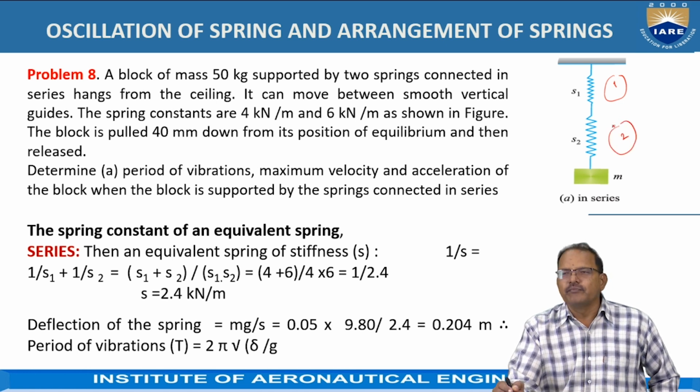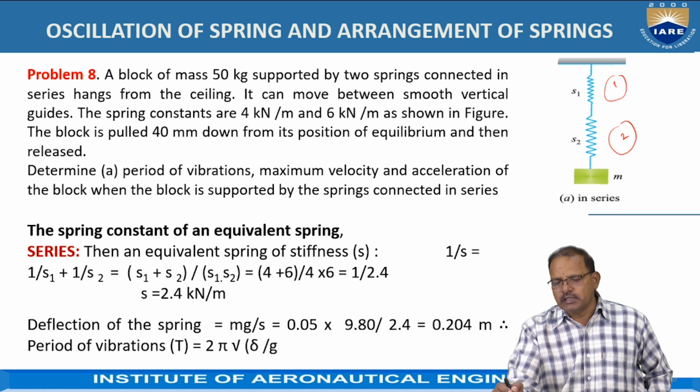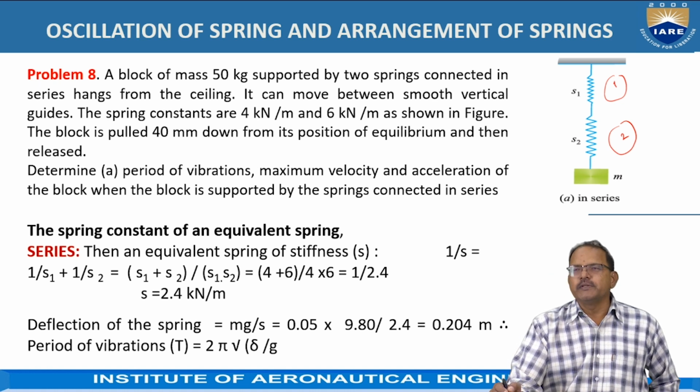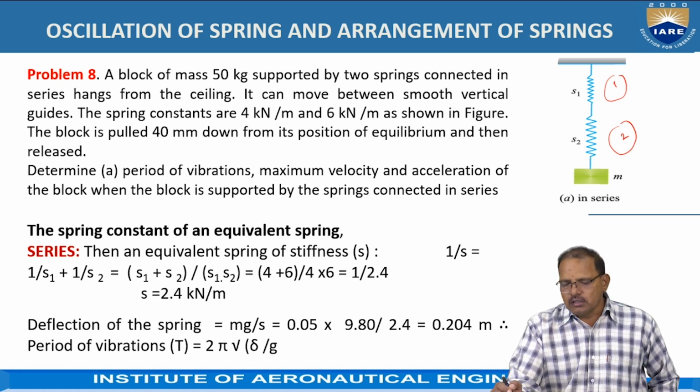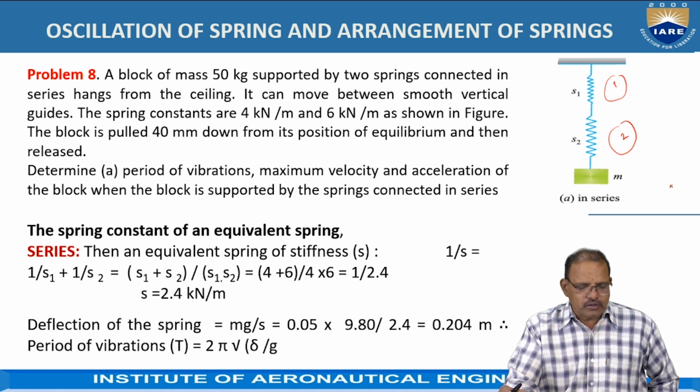The mass is suspended at the end of the second spring, and the first spring is suspended at the top. These two springs are connected together in series and the mass is suspended at the lower end. In this case, the equivalent spring constant S is given by 1 by S is equal to 1 by S1 plus 1 by S2.